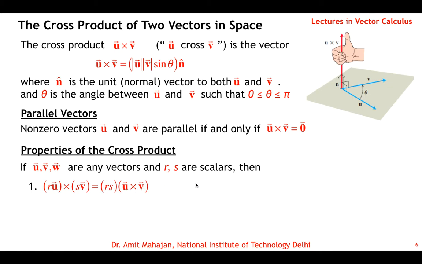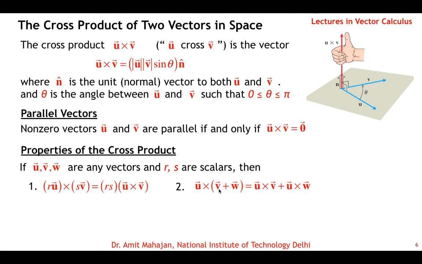Also, u cross (v plus w) is the same as u cross v plus u cross w. So if you add two vectors v and w and then take the cross product of u with this sum, it is the same as taking the cross products first and then adding those two vectors.